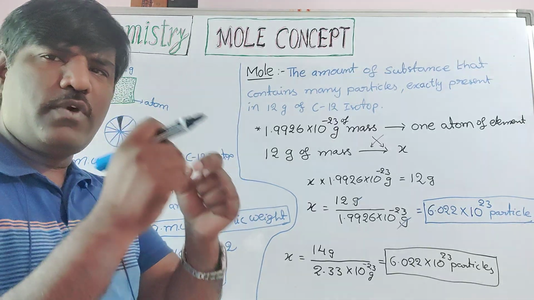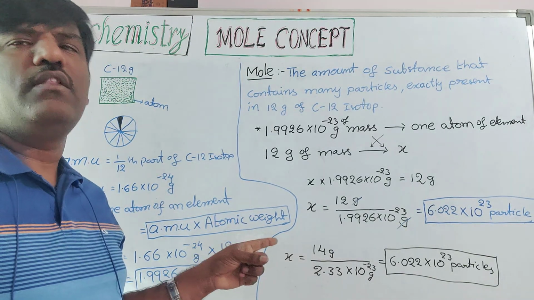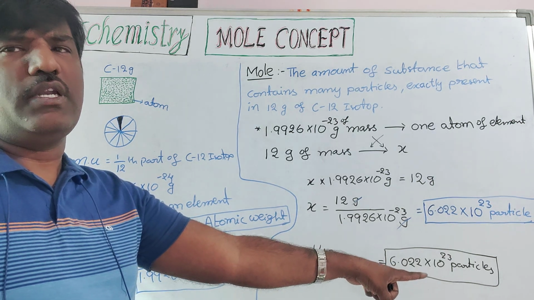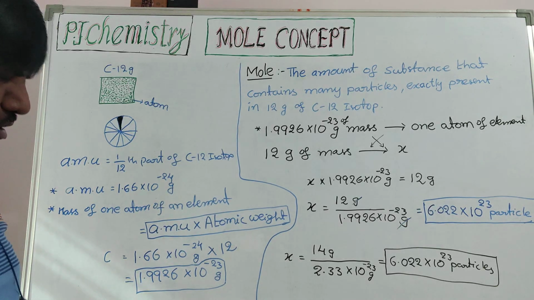Because 1 mole of any substance is nothing but a fixed number of particles, 6.022 into 10 power 23 particles.